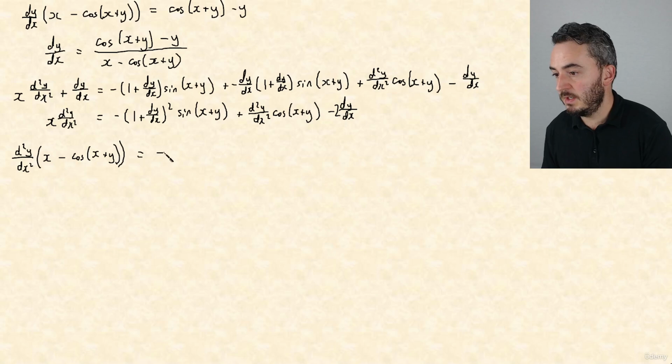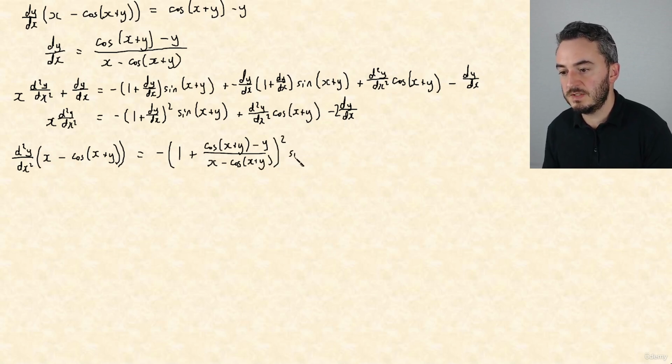That's fine. Maybe this is a good time actually to sub in our value for dy/dx. So it is minus, and then it's 1 plus, well, it's all of this, right? (cos(x+y) minus y) over (x minus cos(x+y)), and all of that squared, sin(x+y).